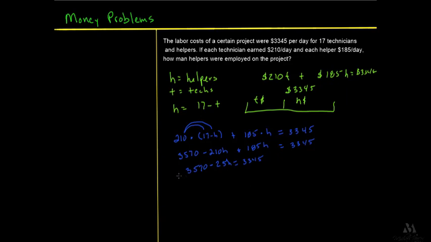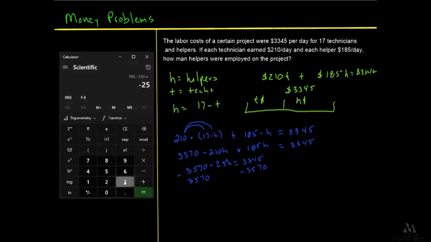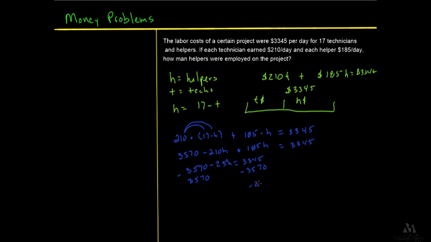Let's subtract 3570 from each side. I got 3345 minus 3570. That's negative 225. So negative 25H equals negative 225. We'll divide both sides by negative 25.